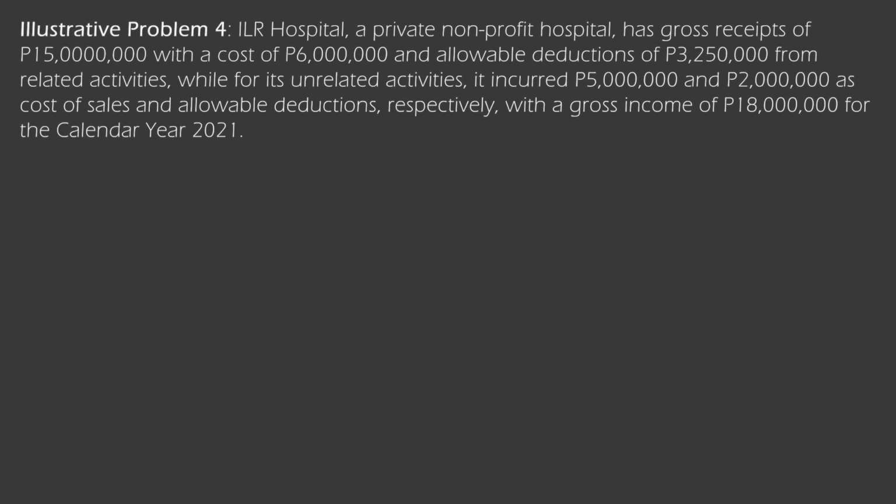In our next illustration, a private non-profit hospital has gross receipts of 15 million with a cost of 6 million and allowable deductions of 3,250,000 from related activities. While for unrelated activities, it incurred 5 million and 2 million as cost of sales and allowable deductions, respectively, with a gross income of 18 million for the calendar year 2021.